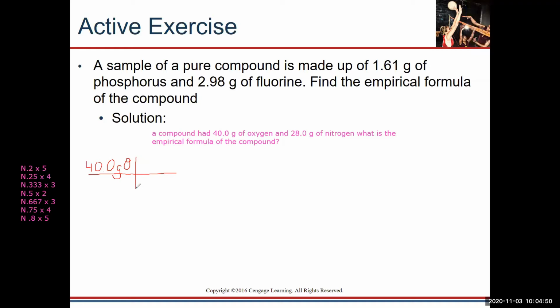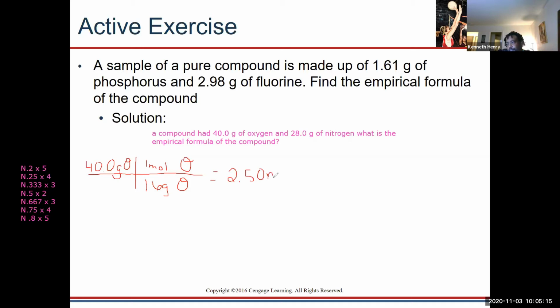You're going to divide it by 16, and then on top put 1 mole. It's 2.5. Okay, so 3 sig figs, right? Oh yeah.